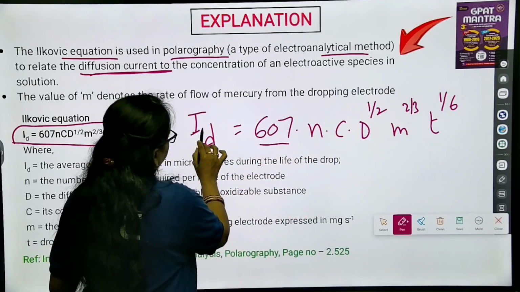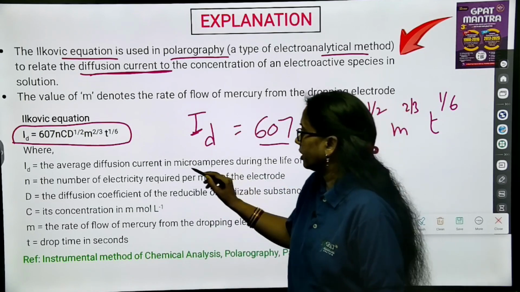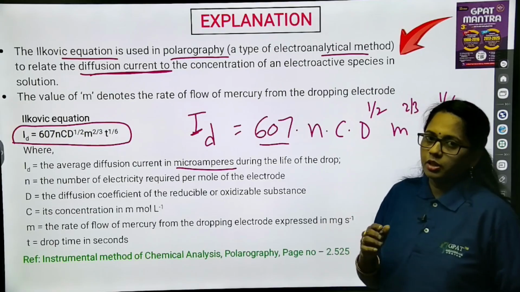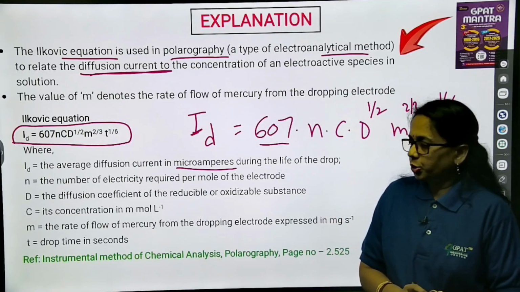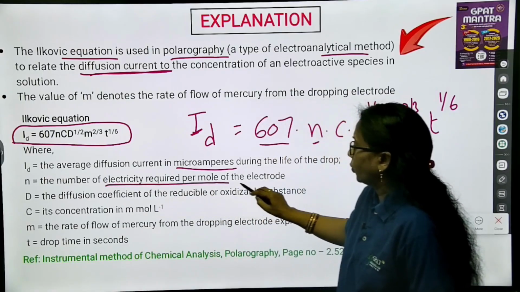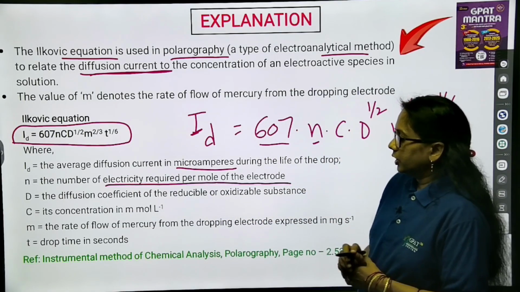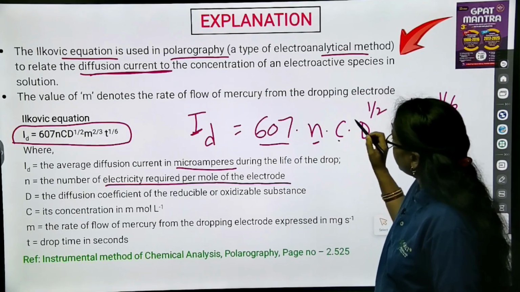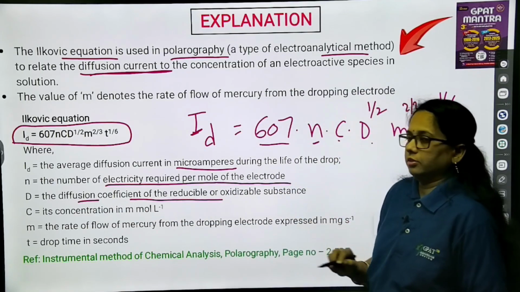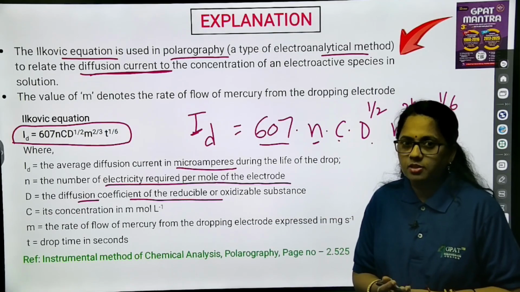So Id is nothing but the diffusion current, the average diffusion current in microamperes that we get during the drop time of the mercury. What is n? n means the number of electrons required per mole of the electrode reaction. C means concentration, and D is the diffusion coefficient of the reducible or oxidizable substance, that means the analyte.